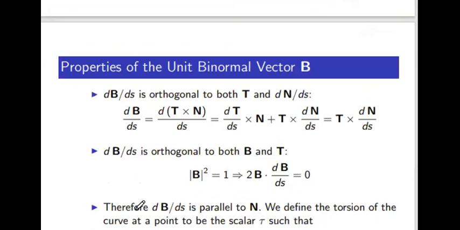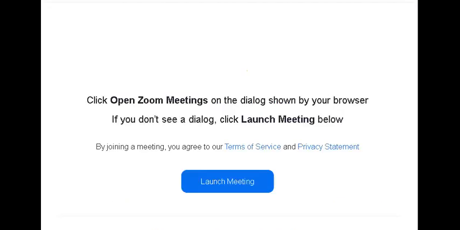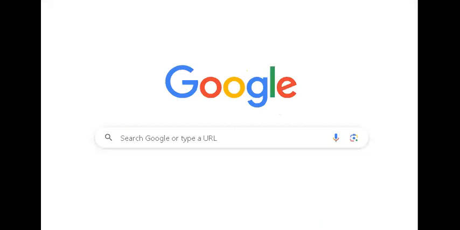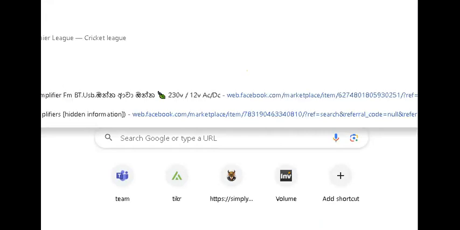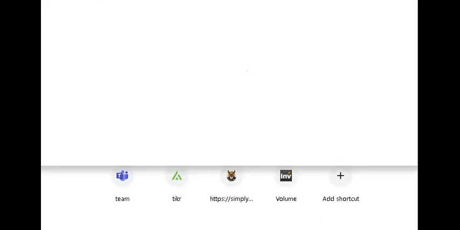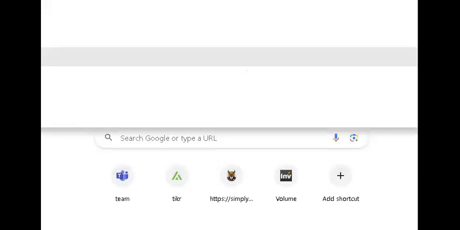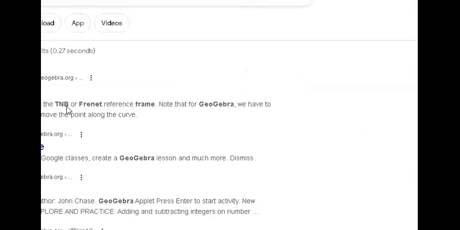I had a video showing how the particles move. Let me find it in GeoGebra, the TBN frame.